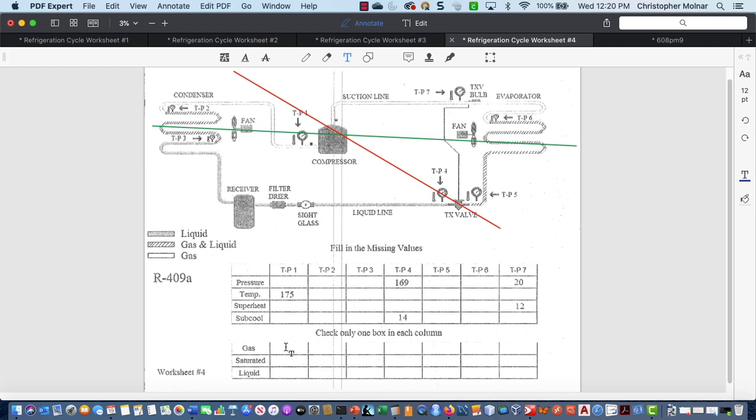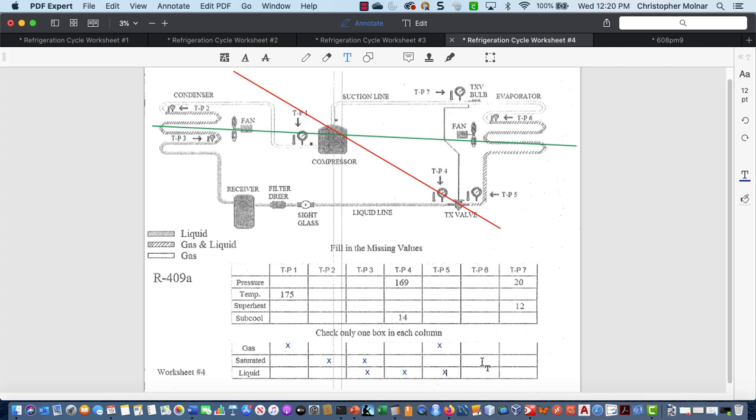Okay, coming out of the compressor, we know it's a gas. Coming into the condenser, I'm going to go saturated there. And down here, it could either be saturated or liquid. TP4 better be a liquid, because it's right there. TP5, it's sort of a combination of liquid and gas.